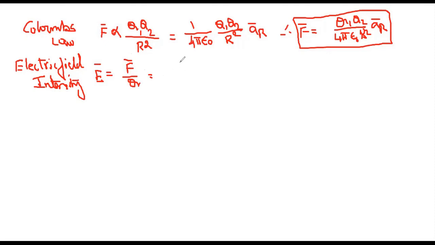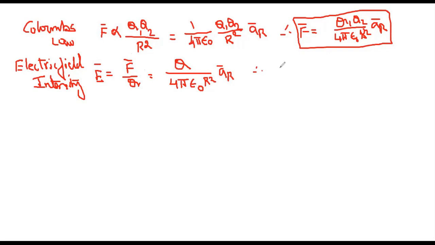F by Q means Q by 4 pi epsilon naught R square into AR bar.